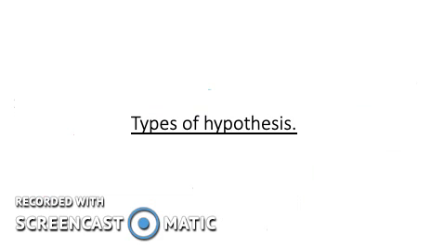Hypothesis. There are three different types of hypothesis: null, two-tailed, and single-tailed. Null hypothesis. This is the hypothesis that there is no significant difference between the specified populations, any observed difference being due to sampling or experimental errors.